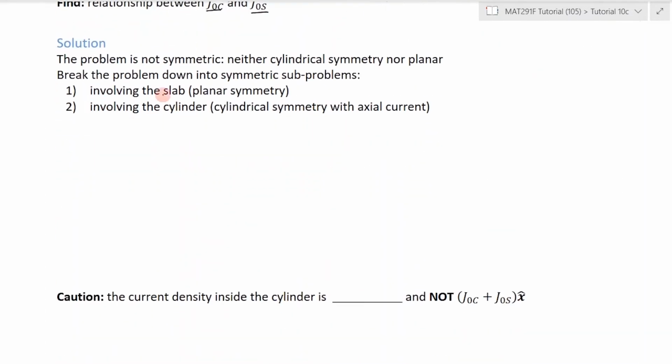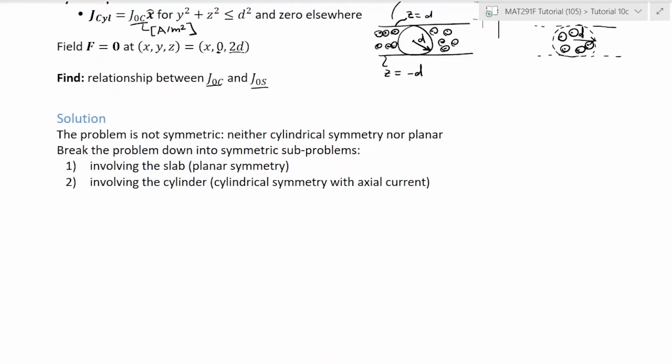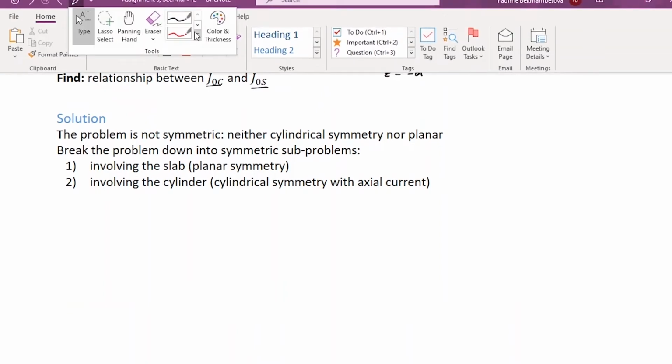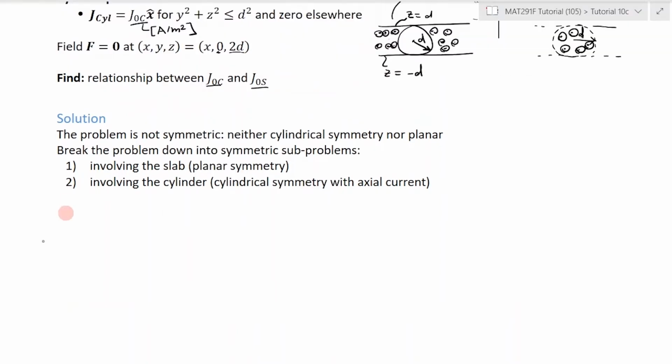So let's break this problem down into a problem involving the slab. So that's the one with the planar symmetry. And you see how I'm filling in the slab? So I'm not extruding the cylinder from the slab. The reason why is because this problem is not symmetric.